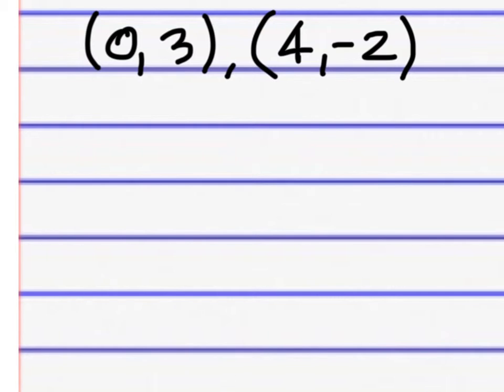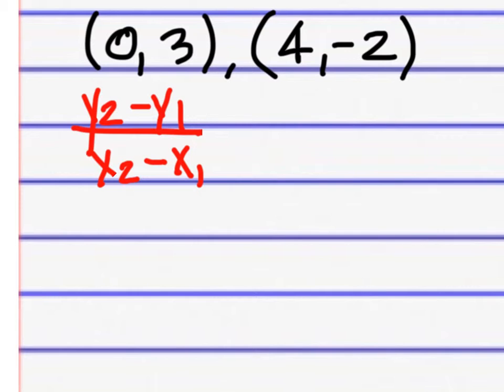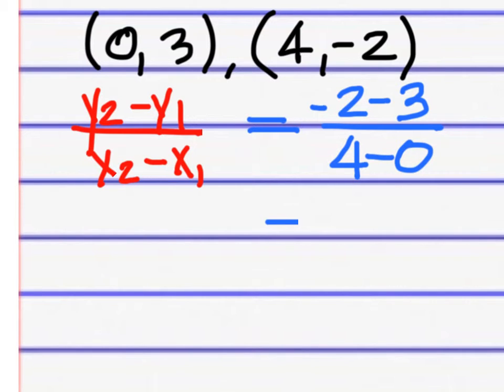0, 3, 4, negative 2 are your 2 points. The formula is y2 minus y1 over x2 minus x1. That is negative 2 minus 3 over 4 minus 0.